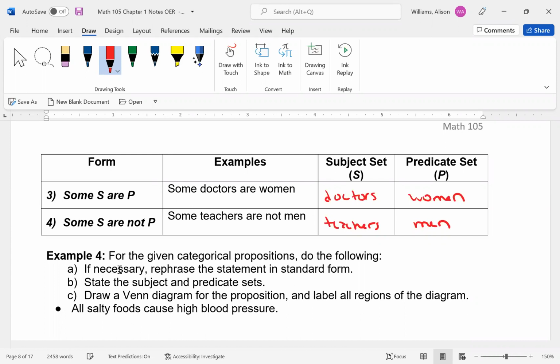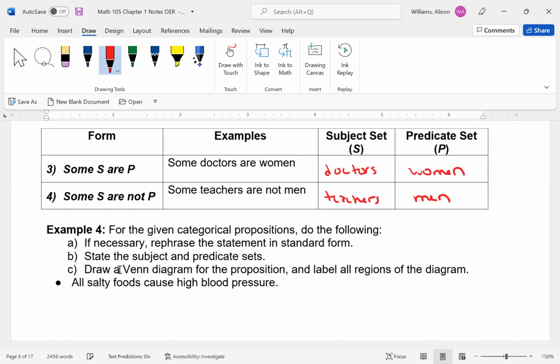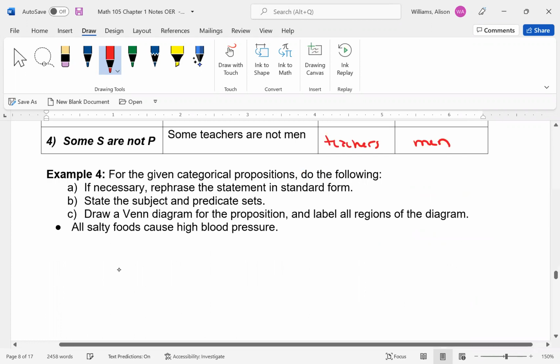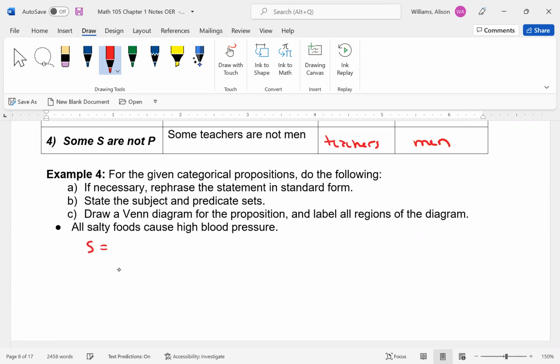All salty foods cause high blood pressure. So in this case, the subject is salty foods. The predicate is high blood pressure. Technically, I should probably say cause high blood pressure, but that's okay.